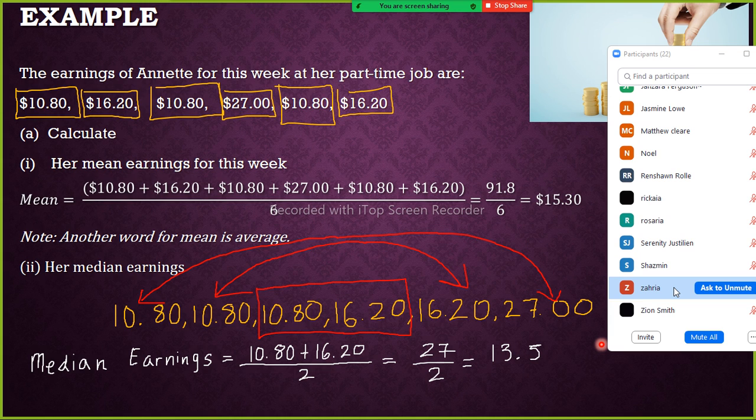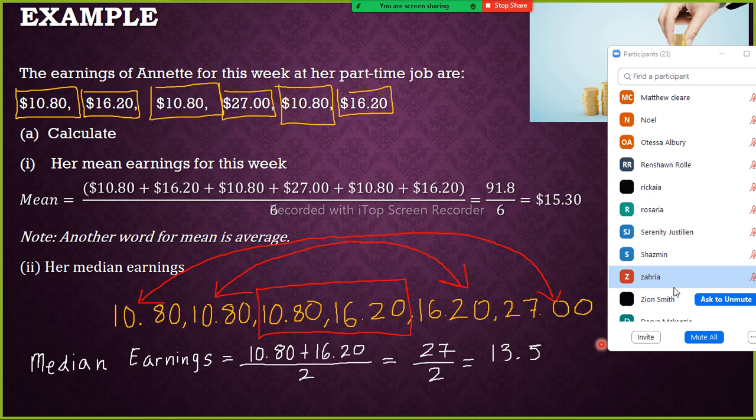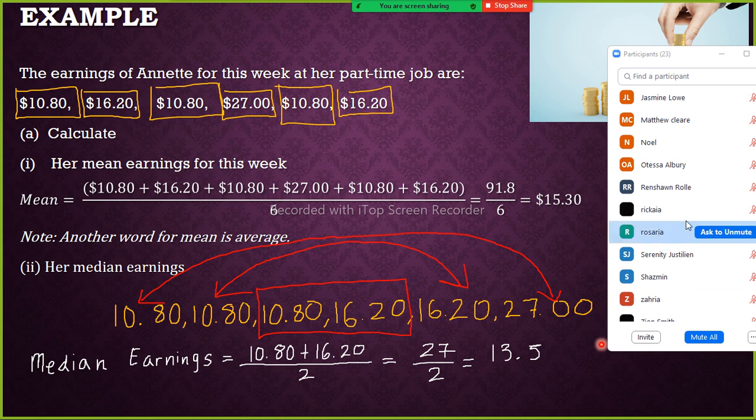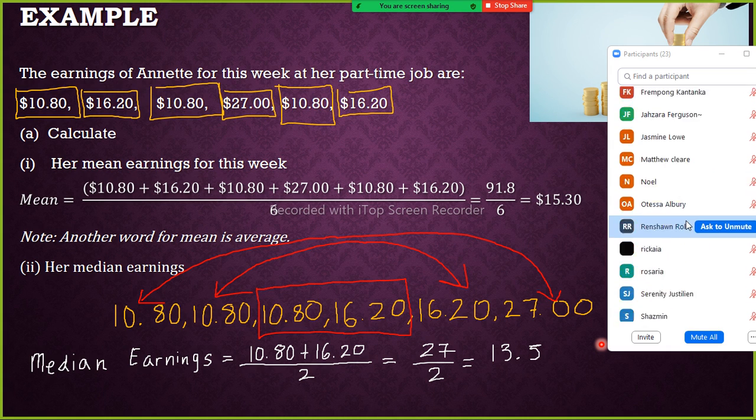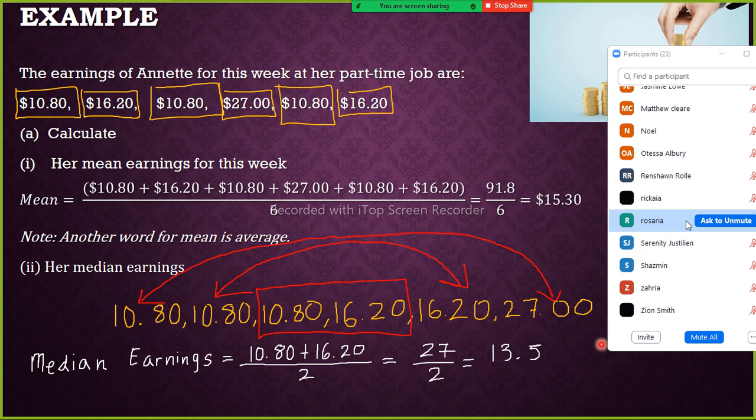What part don't you understand? Otessa, you have to speak for me to help you. Oh, I guess she's shy.